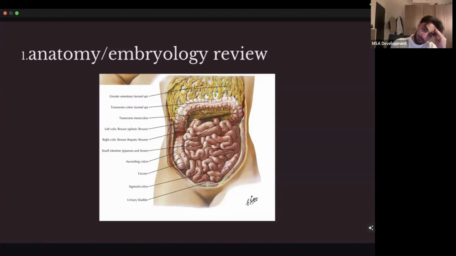Let's say, for example, that the stool is spending too little time in the colon. That's not going to allow enough time for water reabsorption, and it's going to cause diarrhea. So that's why we say hypermotility of the colon causes diarrhea, whereas with hypomotility, where the stool spends too much time in the colon, you're going to have too much water reabsorption, and that's going to cause constipation.